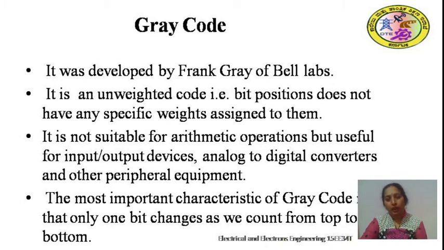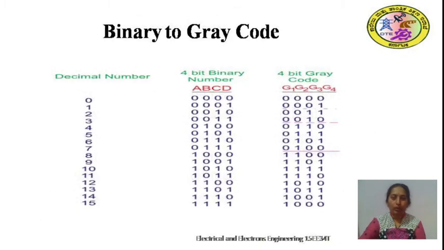One important characteristic of Gray code is that when you move from top to bottom, from one code to another, it changes by only 1 bit. In this table we can easily notice I have given the decimal number, its equivalent 4-bit binary code, and then its equivalent Gray code.